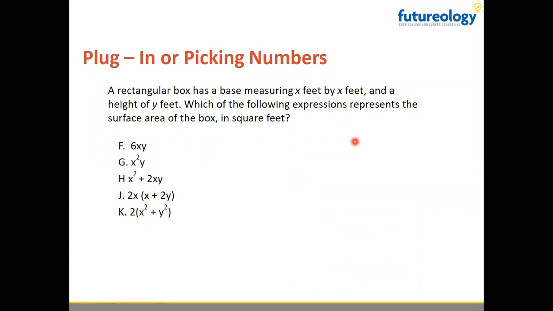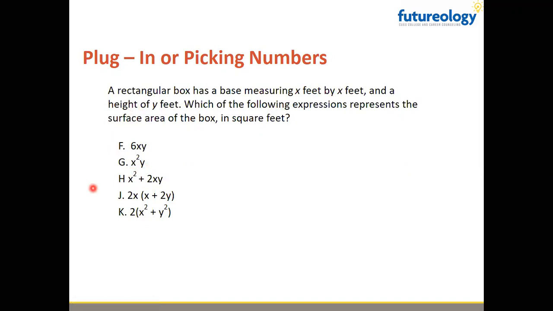All I'm going to point out here is that this would be a problem for the ACT. Why? Because it's got the F, G, H, J, K, and there are 5 answer choices, which is the ACT. But I know it's a plugging in because there are variables in the answer choices, and there are these X's and Y's over here. That's how I know.